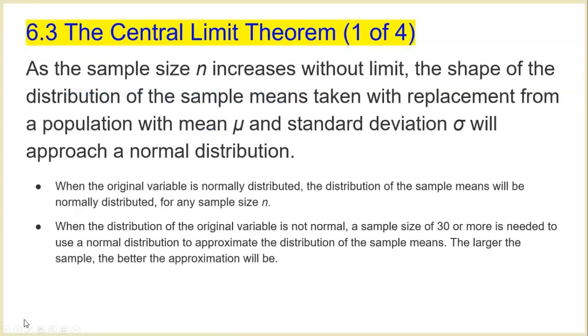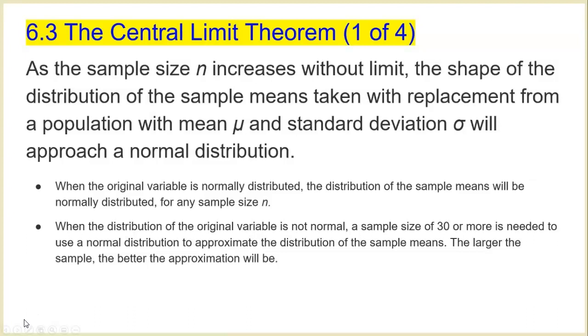Now, that kind of changes things up for us as we talk about how we calculate probability, because right now, when we look at normal distributions, we can only use table E to find the probability for that situation.